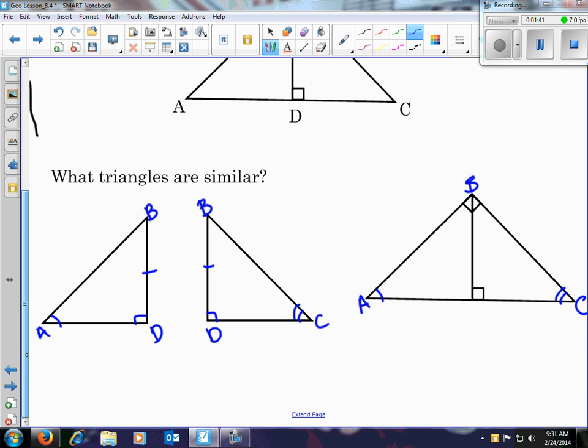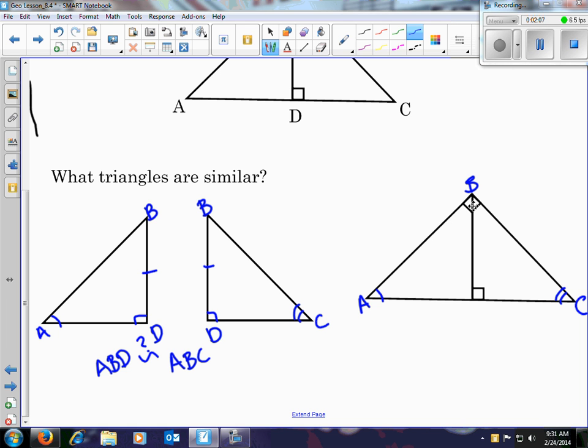So first thing is let's see if this triangle is similar to the big triangle. So I have ABD is similar to ABC, and I'm going to check to see if this works. Now, in ABD I have one angle with a congruence mark, and I have a right angle. One of our similarities is angle-angle similarity.